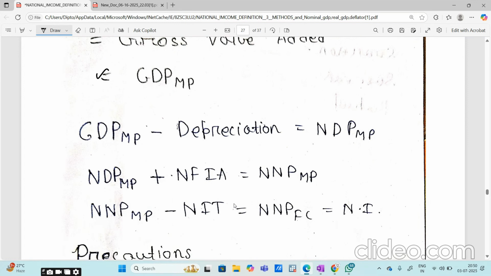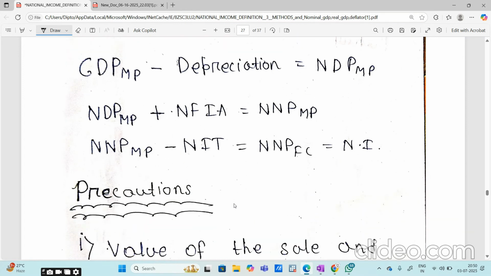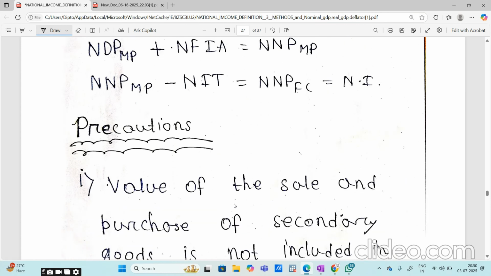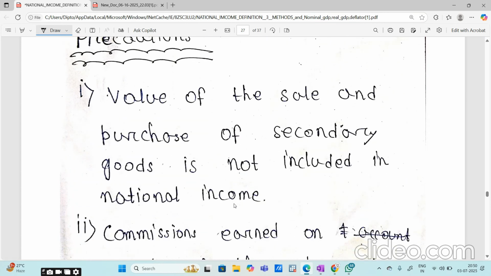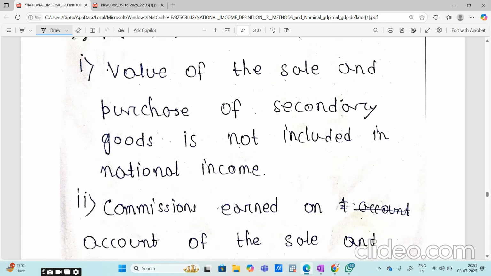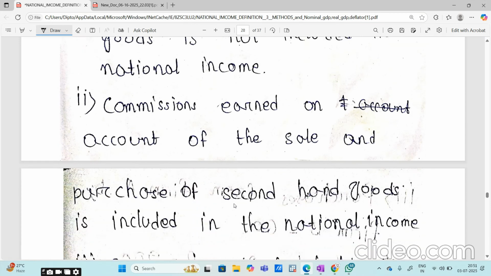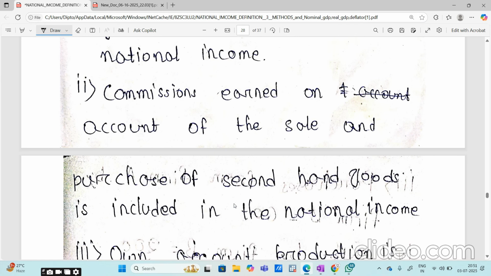Now we have already mentioned several times how to calculate NNP at factor cost from GDP at market price. As we know, NNP at factor cost is basically our national income. There are some precautions that we have to take care of. The value of the sale and purchase of second hand goods should not be included in national income.